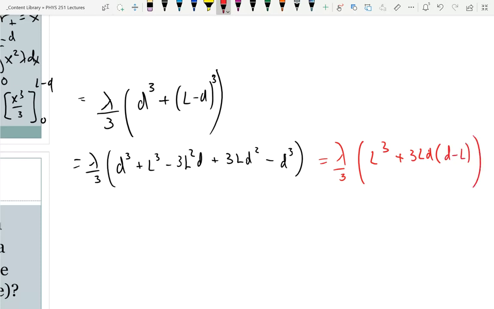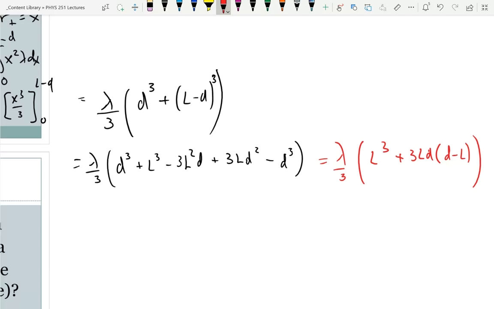I thought those canceled for a second. Well, one's L squared D and one's L D squared. Okay, so there we have it about some arbitrary position D. The moment of inertia changes with D. That makes sense. If D was 0, we'd be going about the end, and we would have just lambda L cubed over 3.